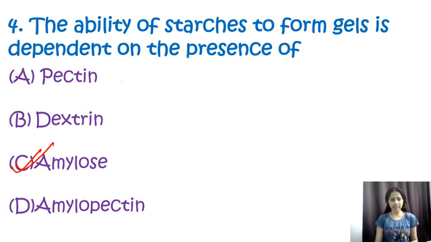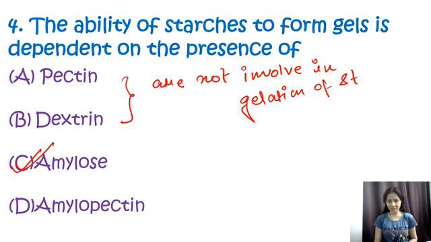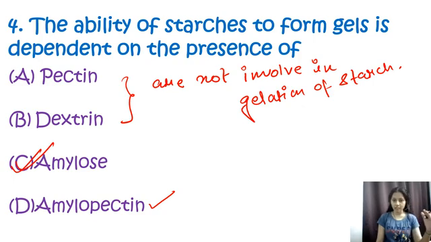Pectins and dextrins are not involved in the gelation of starch, whereas amylopectin contributes to gel formation only at higher concentration and lower temperature. That's why it is primarily dependent on the amylose. So over here option C will be correct.